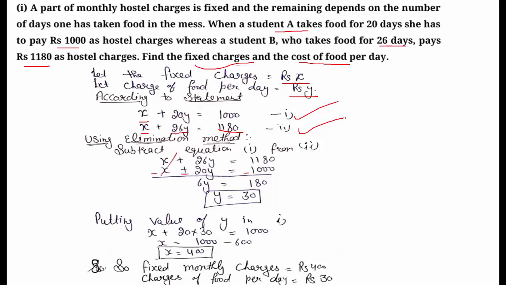Now from here you can find x and y by any of the methods: by substitution, by elimination, by cross multiplication. Avoid using the cross multiplication method if coefficients are very small, say one digit, then use the substitution or elimination method.